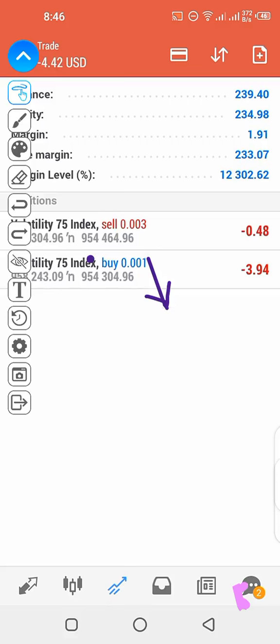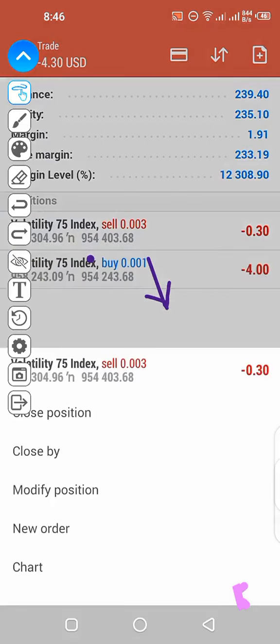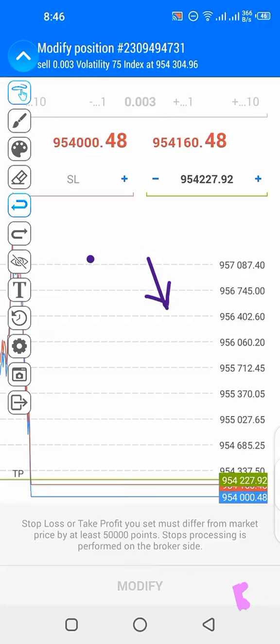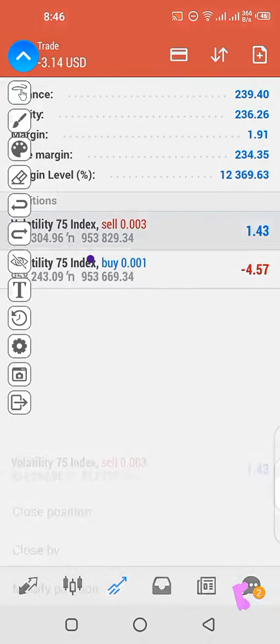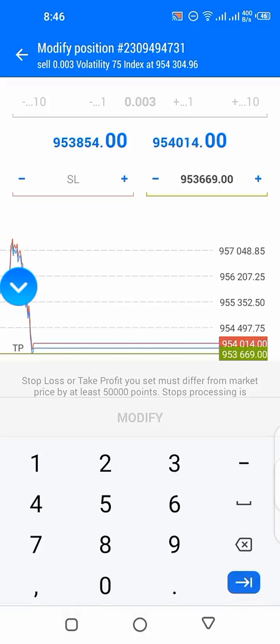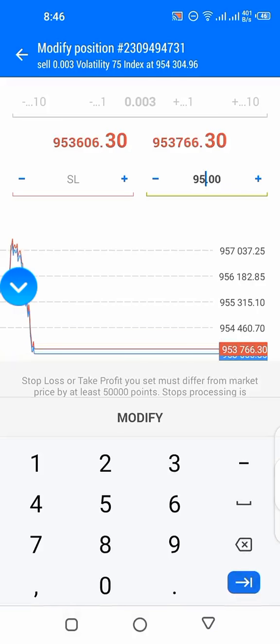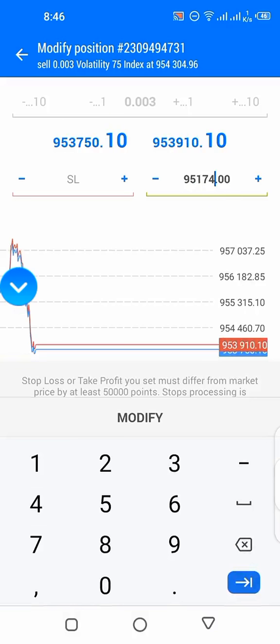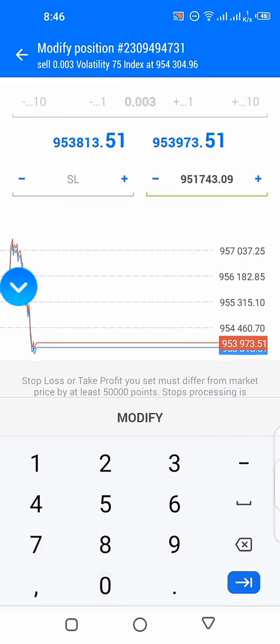If you see what's happening, my buy stop, my pending order, has just been triggered as well. So I have two running trades, the original trade and the hedge trade.